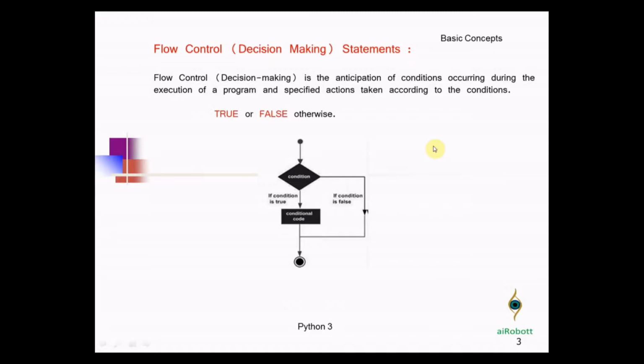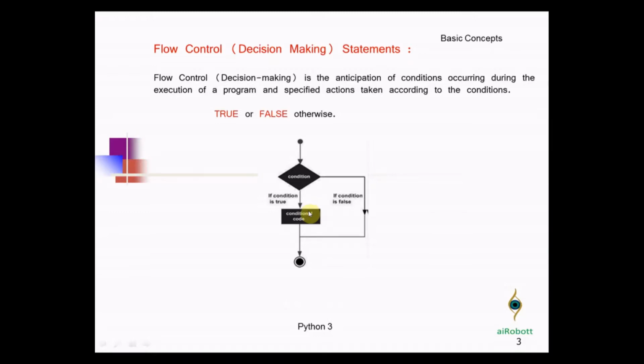Let's see the flow chart for the flow control or decision making statements. This is the flow chart. Here this is the condition. If the condition is true, then the conditional code will be executed. If the condition becomes false, then it will skip that conditional code.